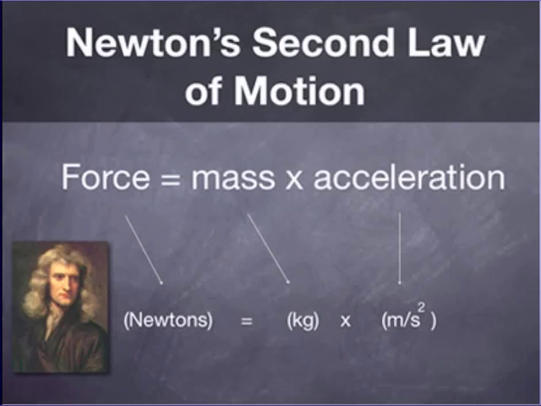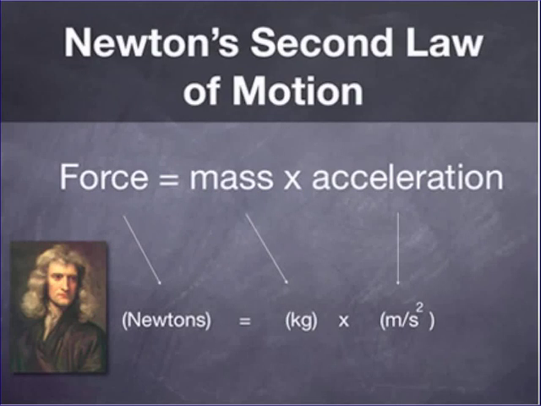Therefore, Newton's second law of motion is that force is equal to mass times acceleration. Now take a look at these labels, these units. They'll become important here in a minute, but force is measured in newtons. Mass is always measured in kilograms. And acceleration is measured in what's called meters per second squared.